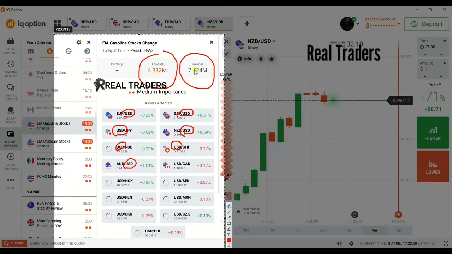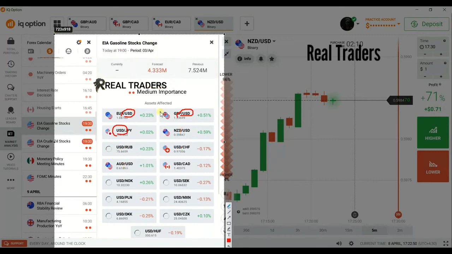Okay, here you can see it is red, showing us the price will decrease in USD pair. So the price of USD will decrease, right?